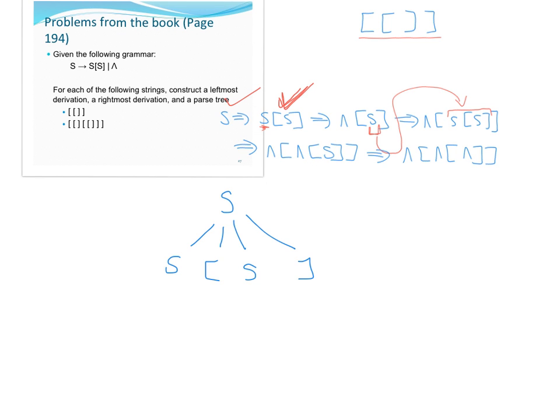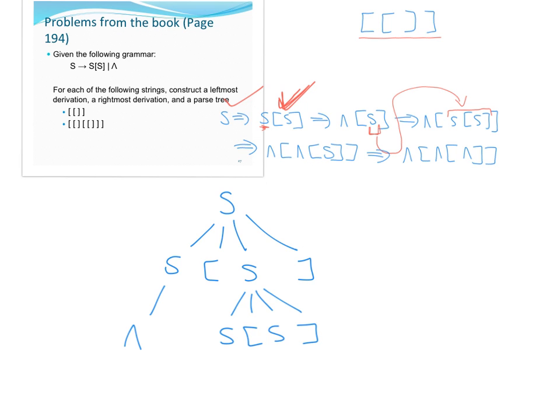So the next thing that we expanded in here was the S inside the bracket. And we were doing a leftmost derivation, so next we expanded this leftmost S into the lambda, and then we expanded this S into the S bracket S bracket. So we are up here now. If you just look at the leaves of the tree so far, that shows us what's in our sentential form.